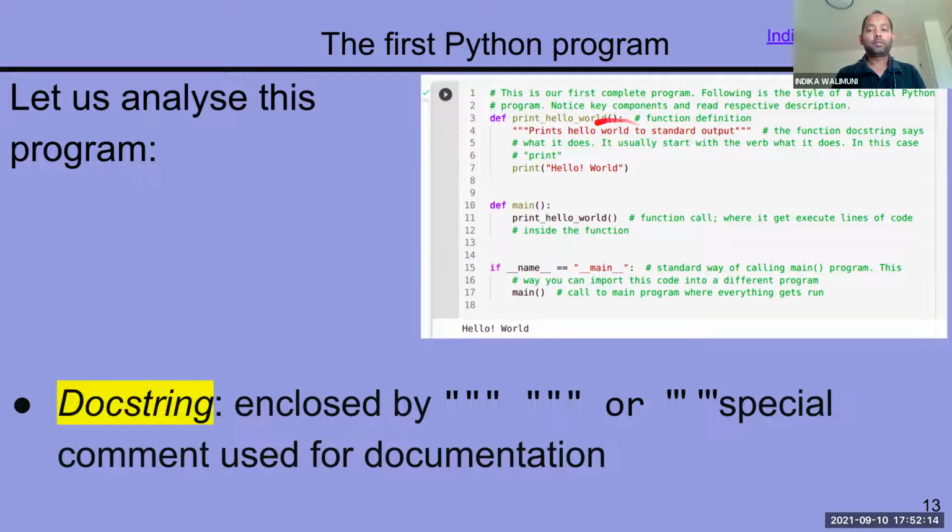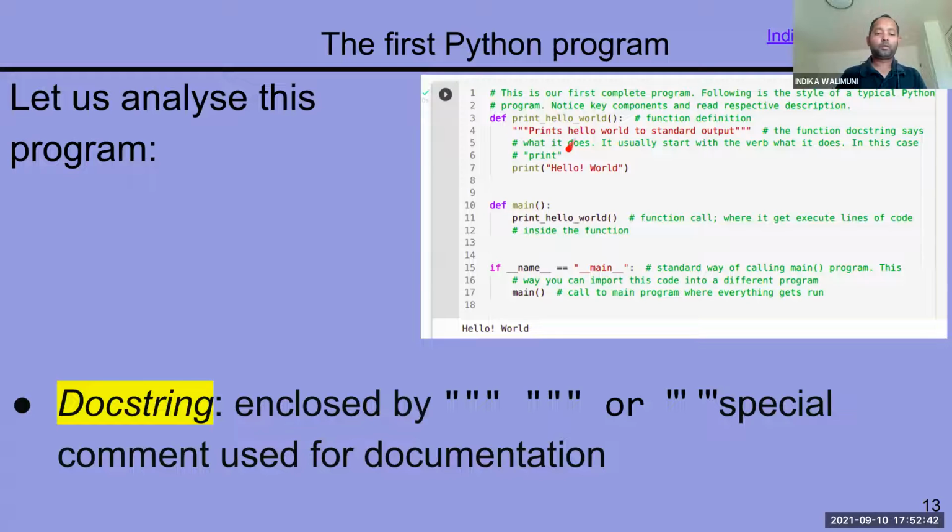See, it nicely says in simple terms what it does. Prints is the verb, and hello world is the thing that it prints to standard output. Once anyone reads this, they know what it does. So it starts with the verb, and then you describe what the function does in a single line.